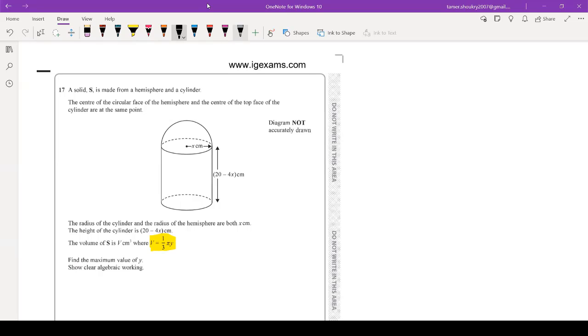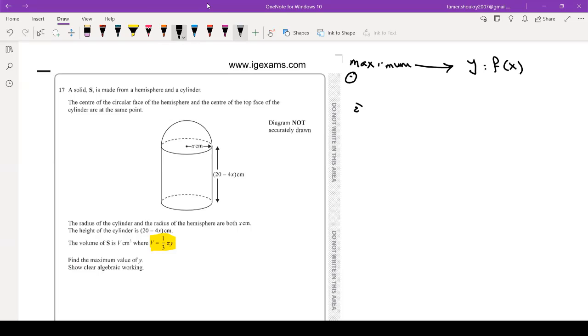When we see the word maximum, it means that we must express y as a function of x, and this is step 1.